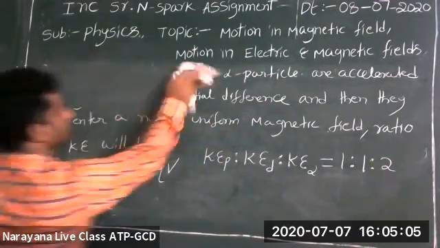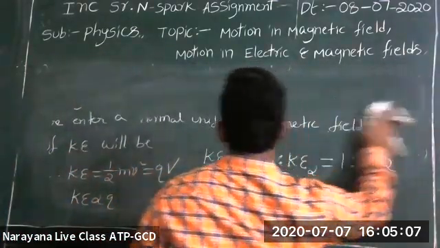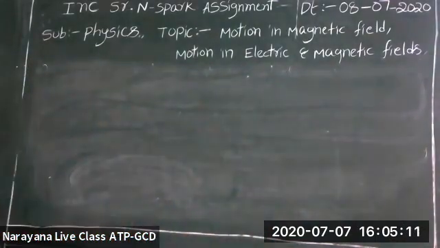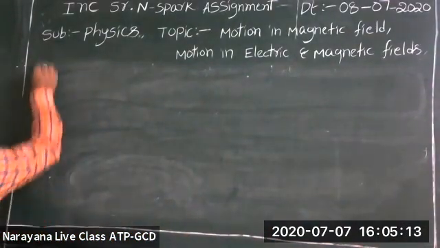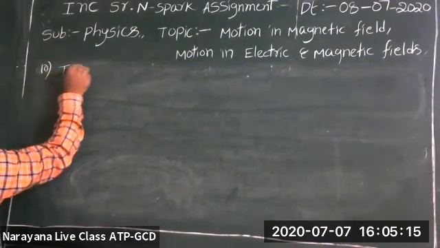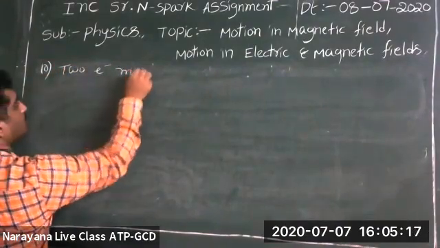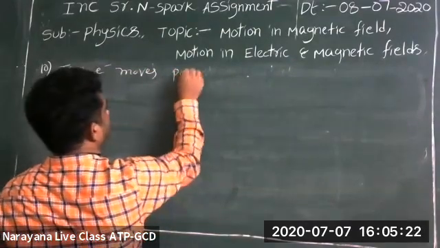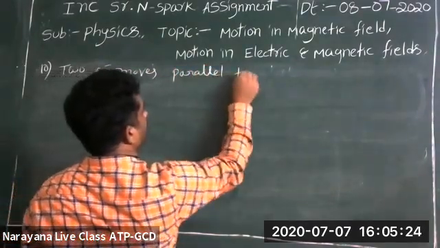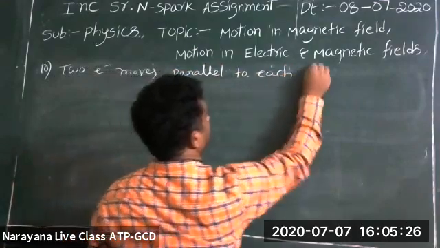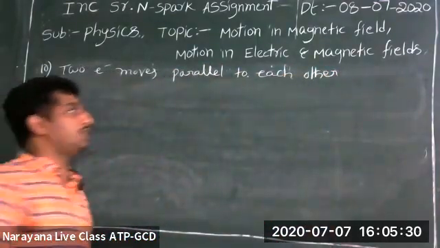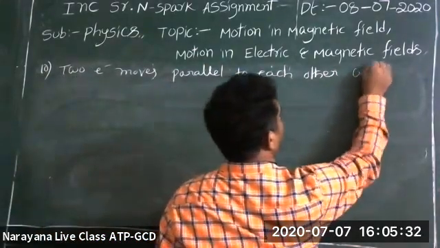Next problem. Two electrons move parallel to each other with equal speed v.